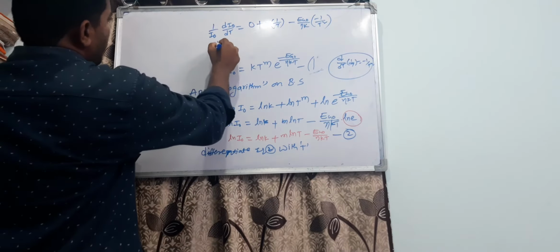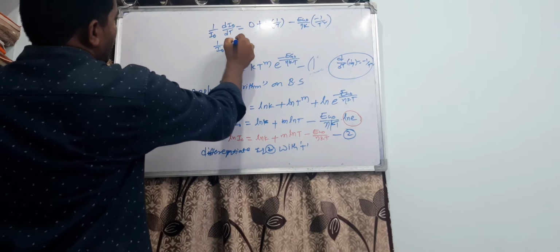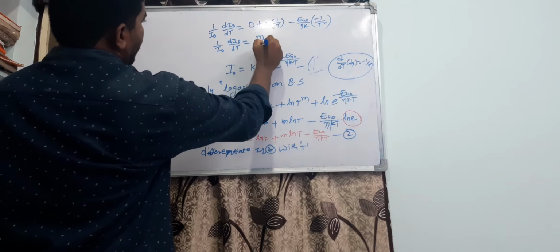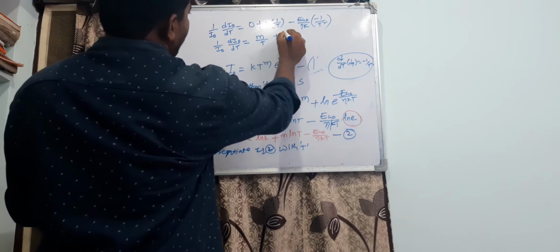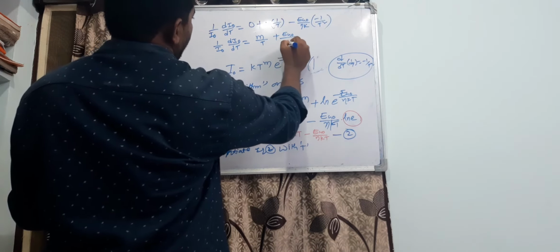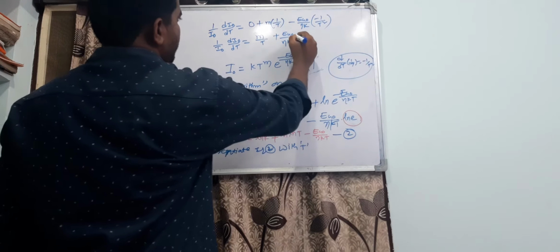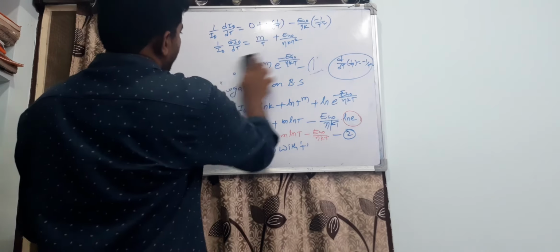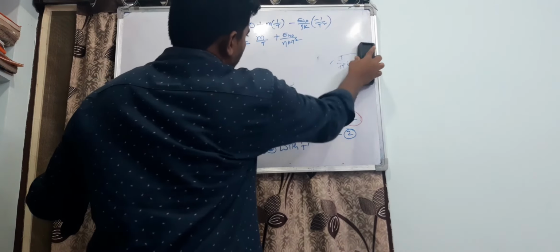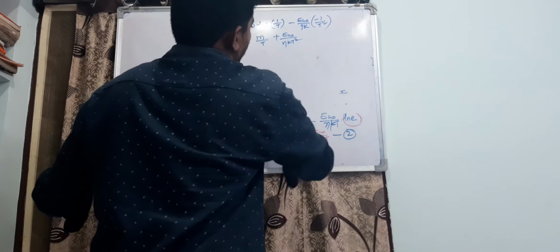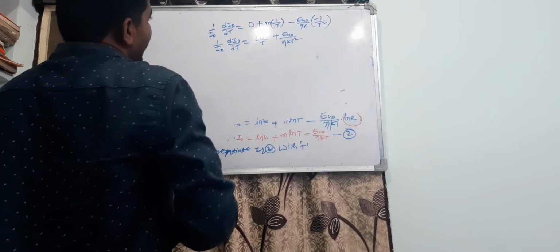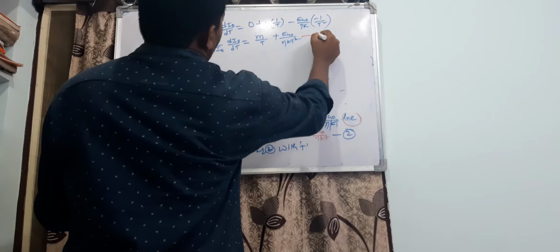The equation will become 1 by I0 into dI0 by dt is equal to m by t plus Eg0 divided by zeta k t square. So this is the final equation, which I am representing as equation number 3.